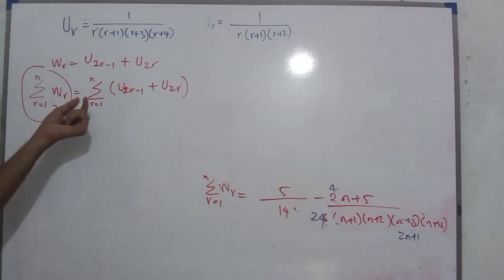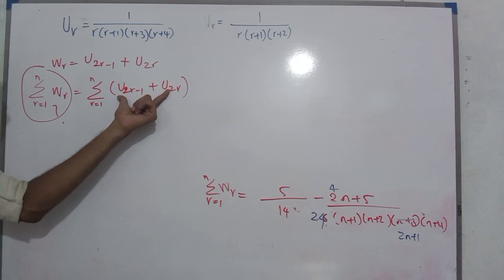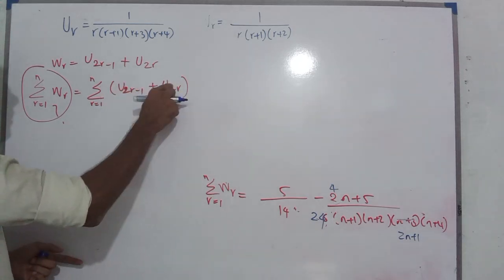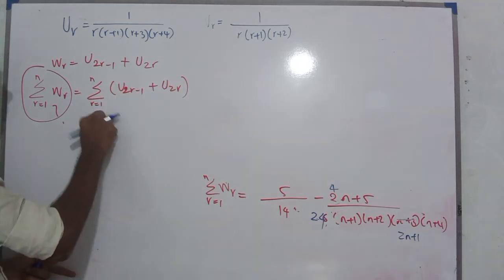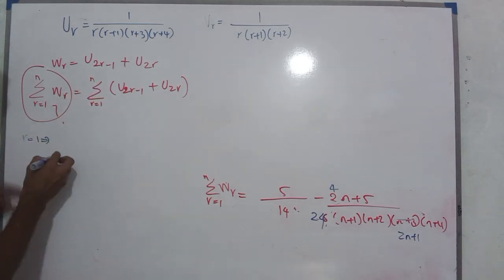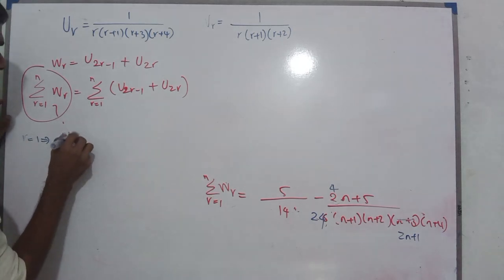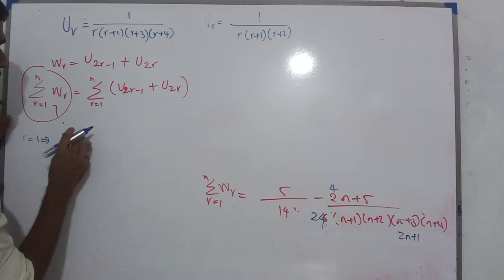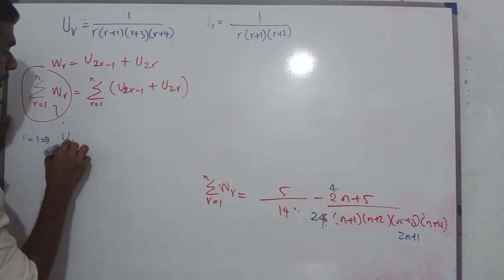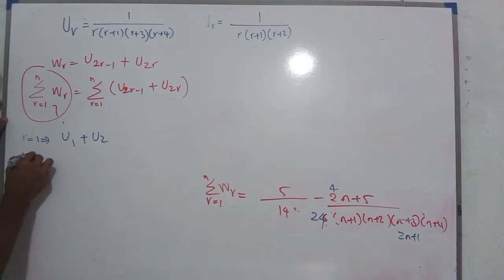Now you see r is equal to 1 to n. Now this expression is summed from r equal to 1 to n. So when r is equal to 1, I will get u_(2 minus 1), that is u1 plus u2.